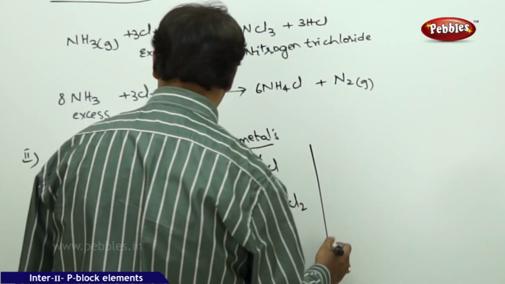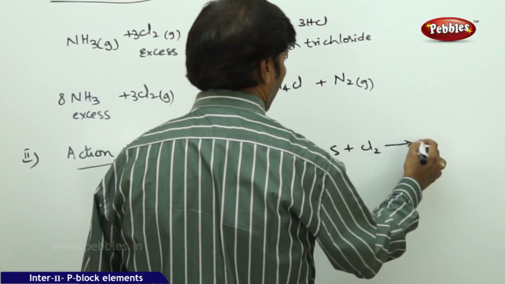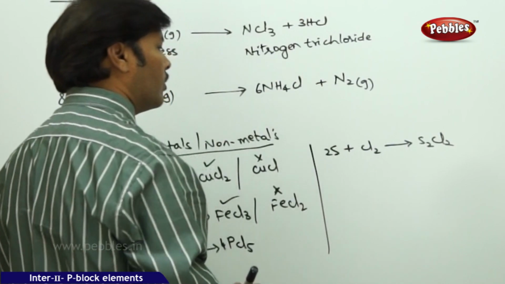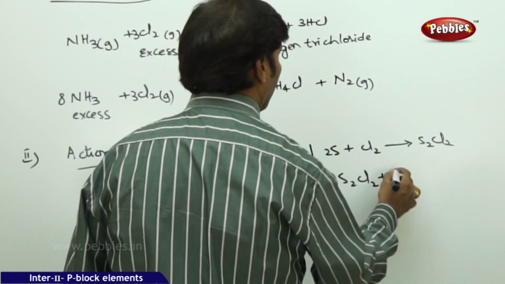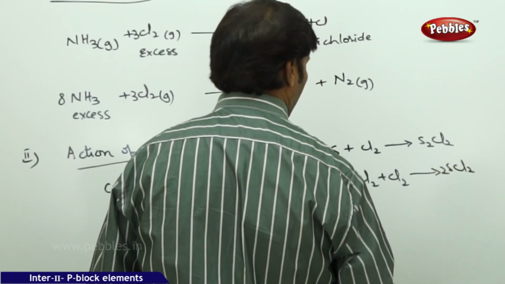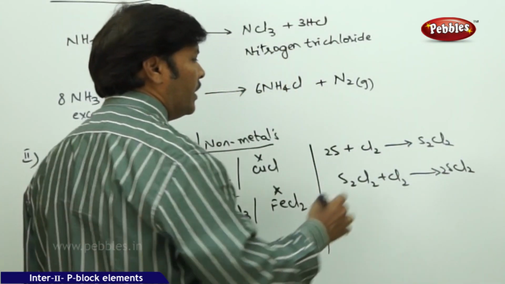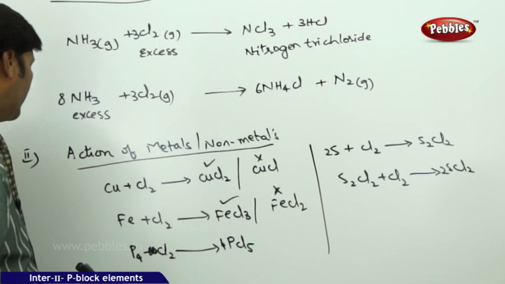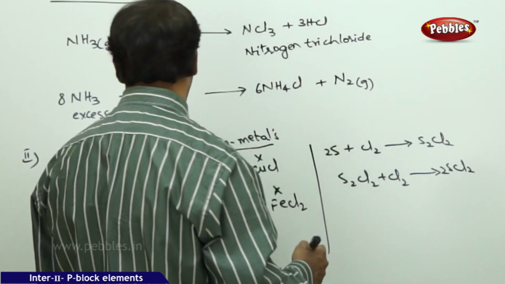Sulfur reacting with chlorine forms sulfur monochloride, and sulfur monochloride in turn, if it reacts with chlorine, gives sulfur dichloride. Balance the equation, then sulfur dichloride is obtained. This is sulfur monochloride.